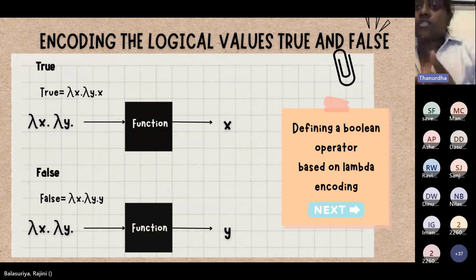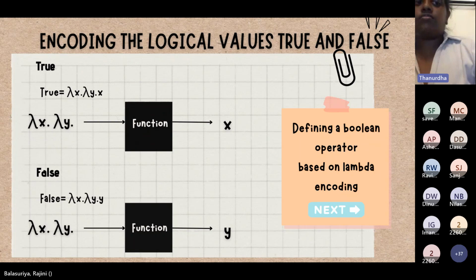So we are going to use this choice to encode the values. As you can see on the screen, there is lambda x and lambda y. It goes through the function, and then it makes a choice. When we're encoding true, the output is always going to be the first choice. And when it comes to false, it's going to do the opposite and choose the second one.